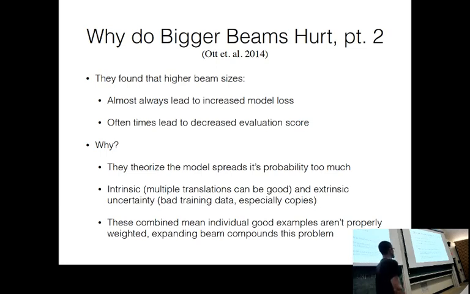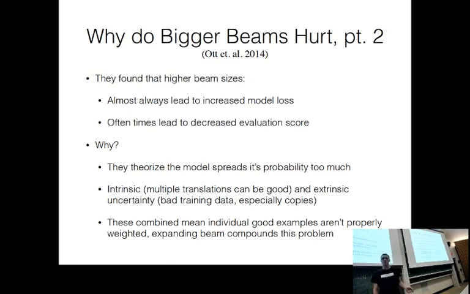And now we're back to, I guess, why bigger beams can actually hurt your performance. So in this paper, they ran experiments with progressively increasing beam sizes, and they found that increasing beam size always more or less decreases your model loss. So if that's all you're concerned about, you don't have an external evaluation factor, just use as large a beam as you have the computational resources for. It's going to help.